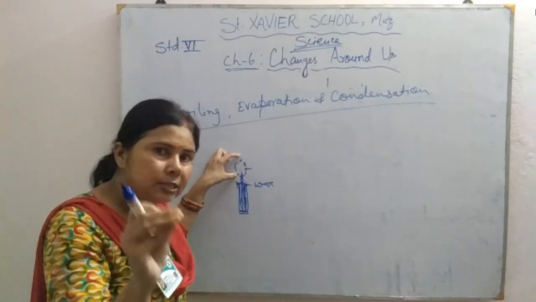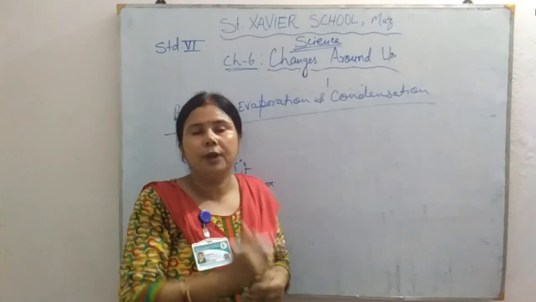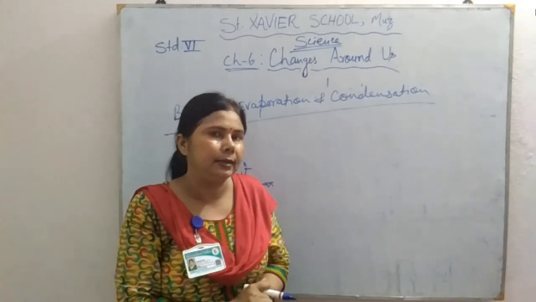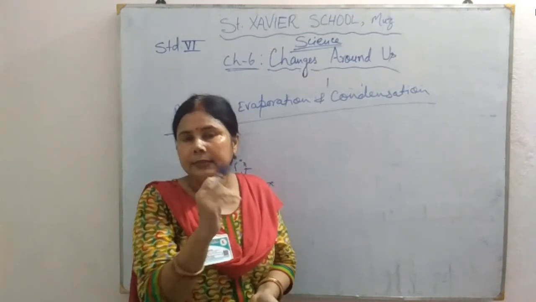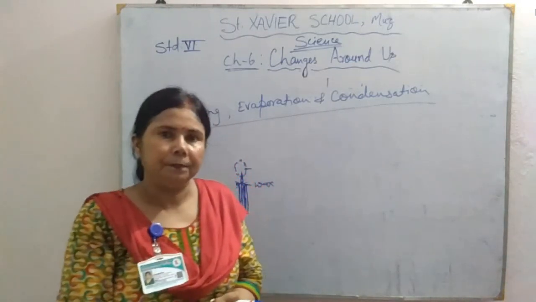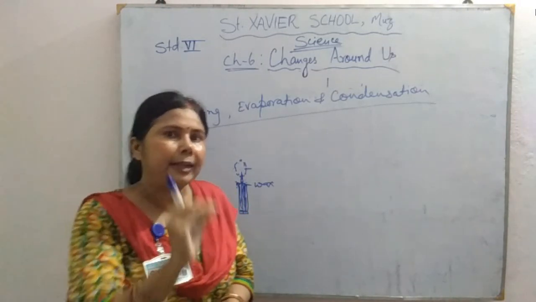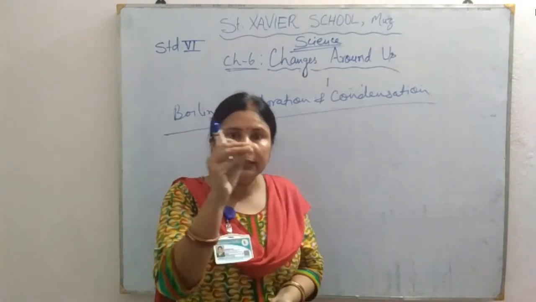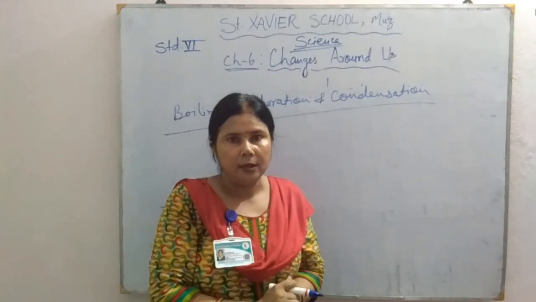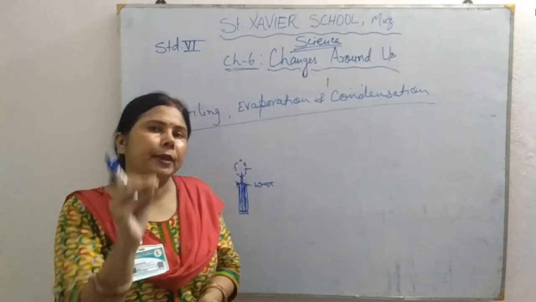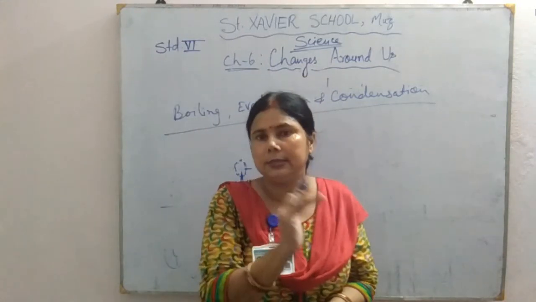And this wax vapor burns and gives out carbon dioxide, water vapor, heat and light energy. In burning of wax vapor, a new substance is formed, and this change is actually chemical change, because in this process a new substance is formed. It cannot be reversed back. So in burning of a candle, both chemical and physical changes occur.